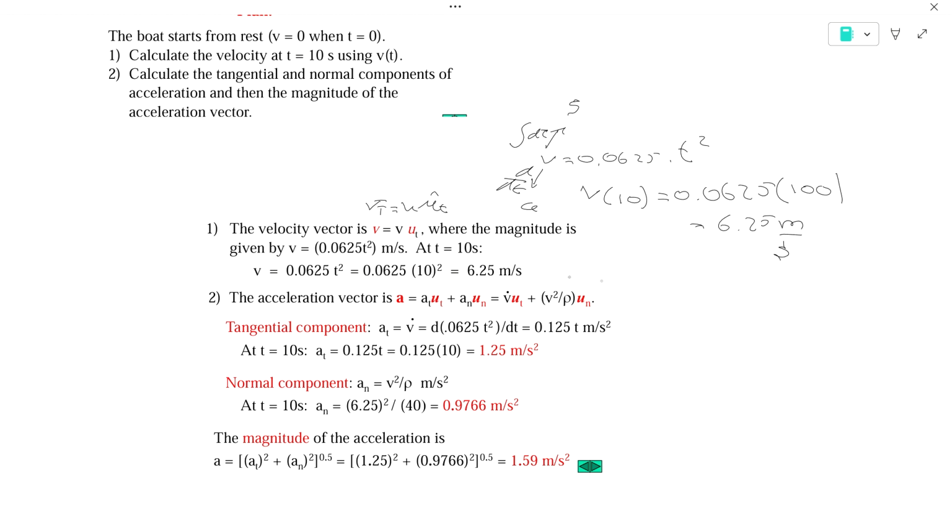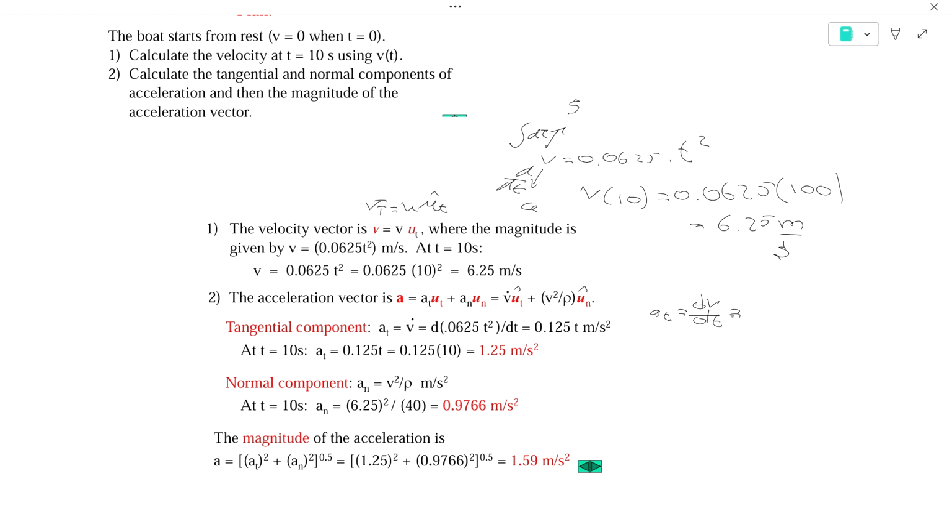So the acceleration, this is a formula that we already saw before, is the change in the velocity with respect to the tangential coordinates plus the velocity squared divided by the radius times the normal unit vector. So let's find that the tangential component is dv/dt.